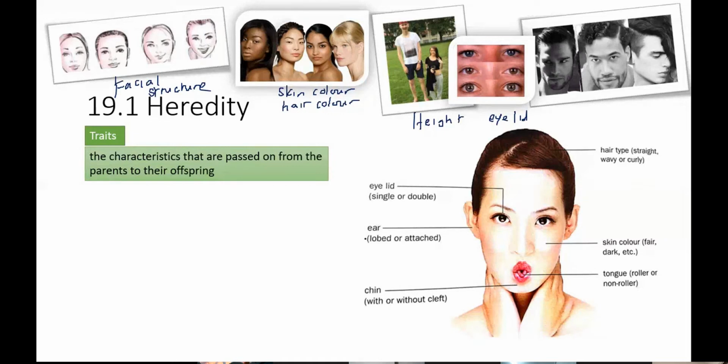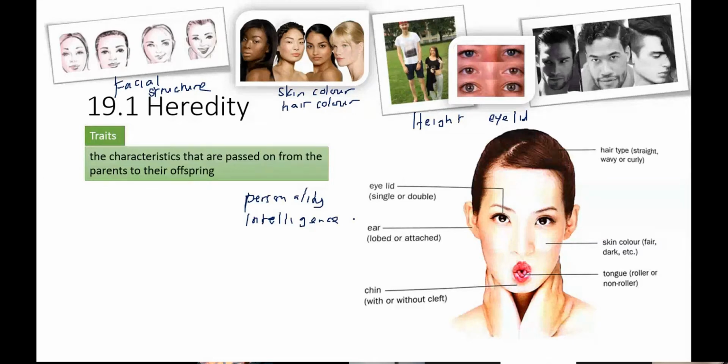Personality, intelligence also. Intelligence can also be inherited from parents to the offspring. Okay, understandable. What else? Here, height.